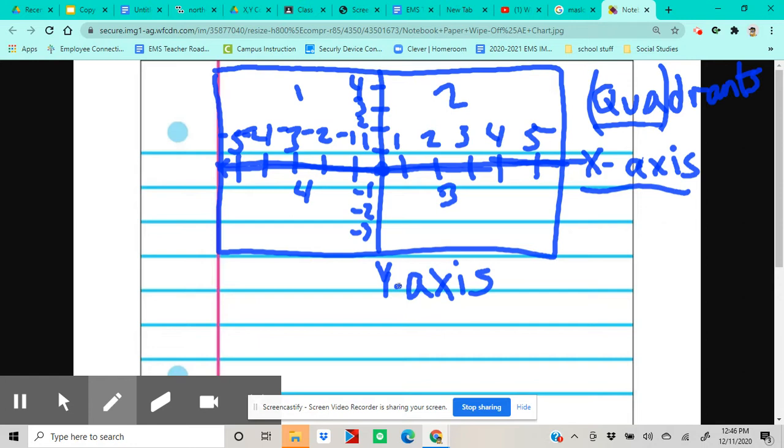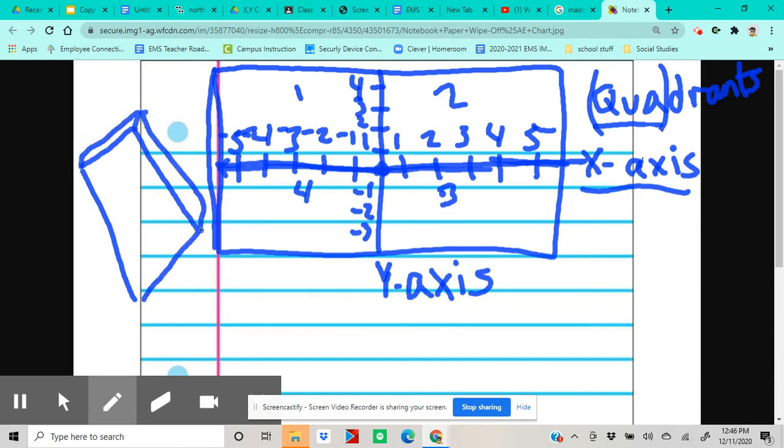The next thing we're going to talk about is this whole thing, this surface we would call the coordinate plane. A plane is basically a surface. You may understand there's the plane of the Muggle world, and then there's the plane of the magical world.